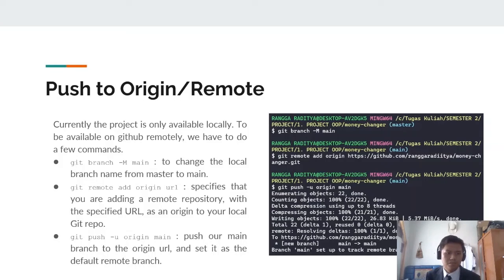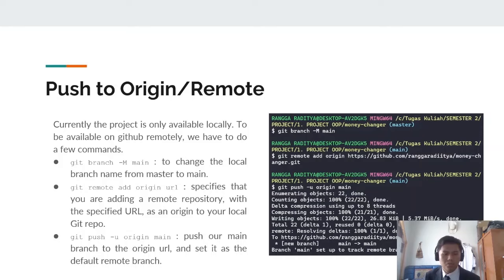Okay. And after that, git remote add origin URL specifies that you are adding a remote repository with the specified URL as an origin to your local Git repo. And the next step is git push -u origin main. This pushes our main branch to the origin URL and sets it as the default remote branch.